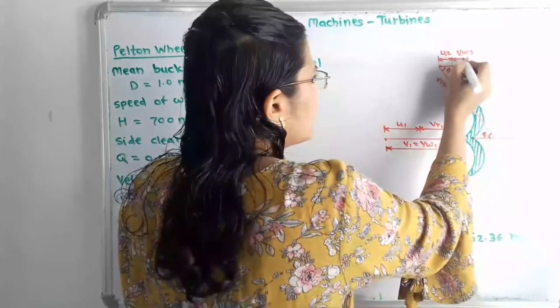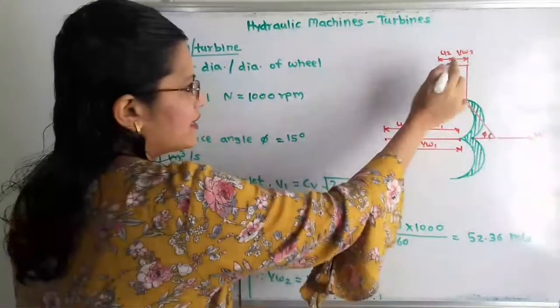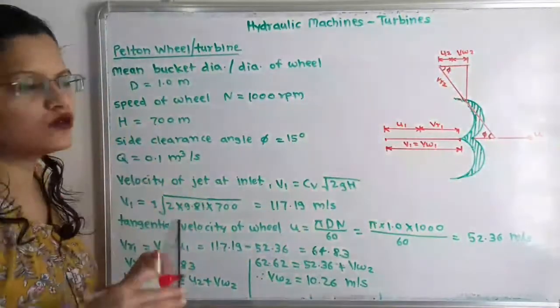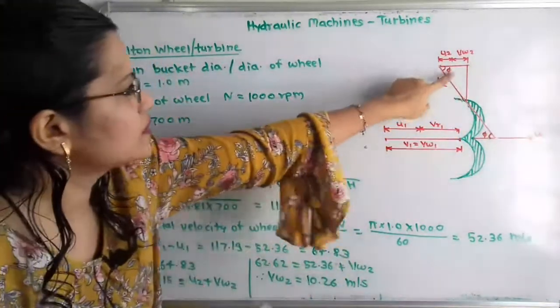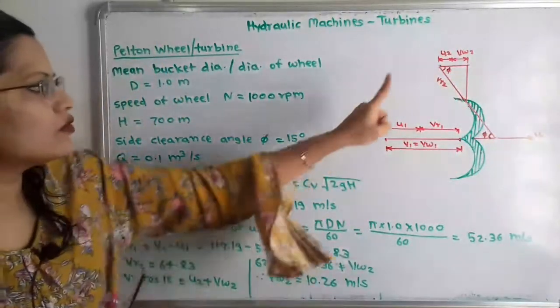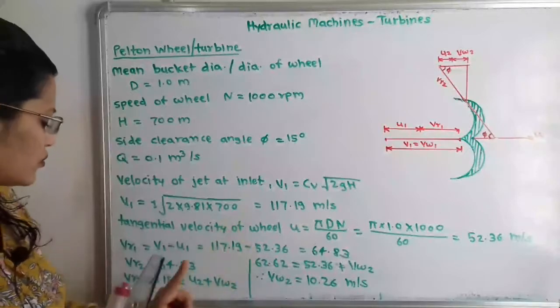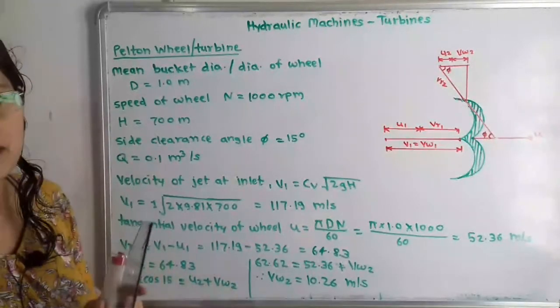So now if we observe Vr2 cos of phi is equal to u2 plus vw2. So from this triangle Vr2 cos phi is equal to u2 plus vw2. Now Vr2, that is the known, phi that is also known. So if I put the value, I will get the value of u2 plus vw2.